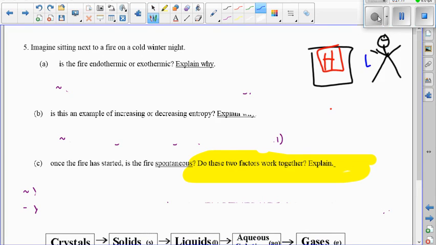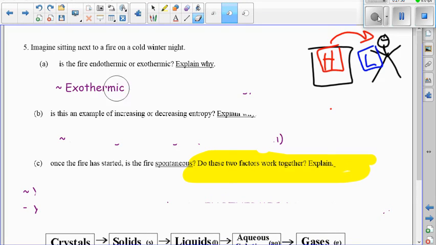I'm going to be the relatively low temp, and so off comes the heat this way. Okay? All right, anyways. So is heat entering or exiting the system, Mr. Howard? It's exiting. So this is a what reaction? Exothermic. You got it. All right, energy is being released.